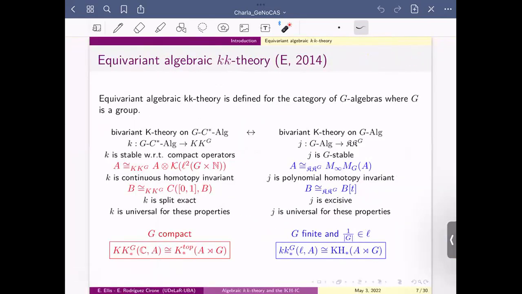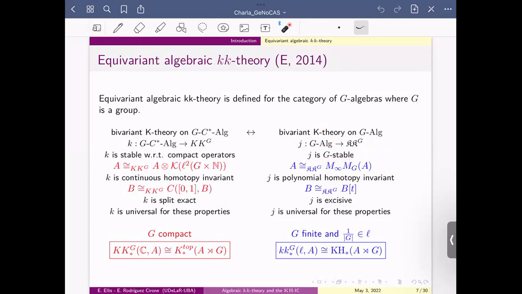Equivariant algebraic KK theory was introduced by myself, and it's an equivariant version of the algebraic KK theory. That is a bivariant K theory on the category of G-algebras. We have a functor from the category of G-algebras to a new category KKG, which is G-stable, an equivariant version of matrix invariance.